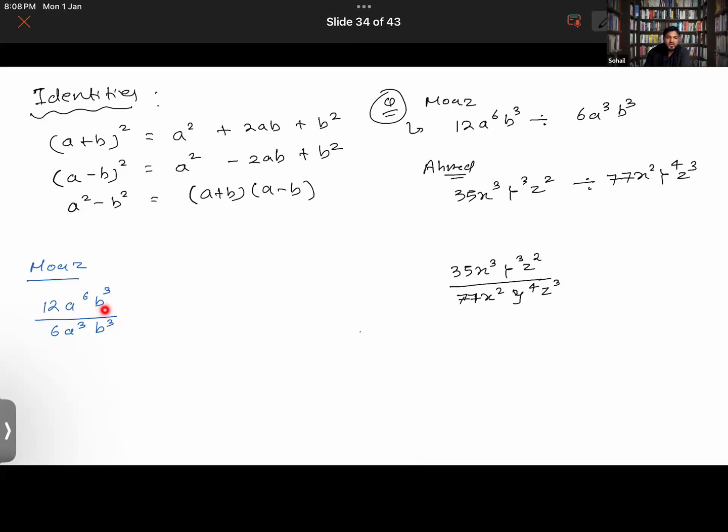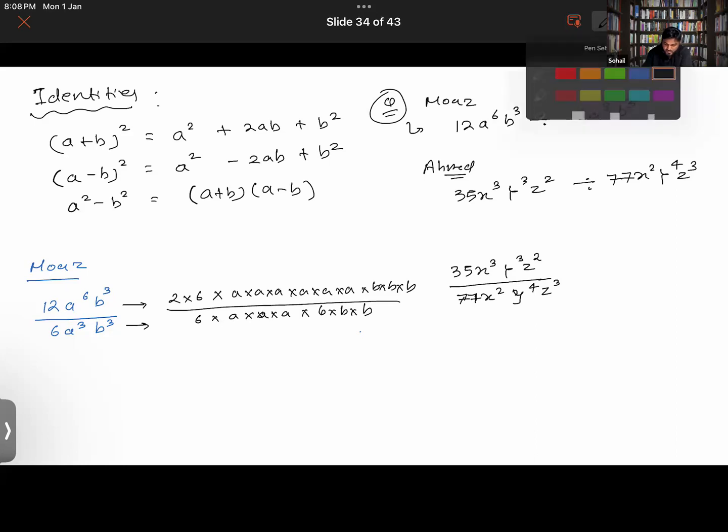See, I also told you that you have to basically factorize it. We have to do division, right? Now we can use the law of exponents here also, right? But the right method would be to factorize them first. So we can write it like this: 2 times 6 times, and 6 times a into a.